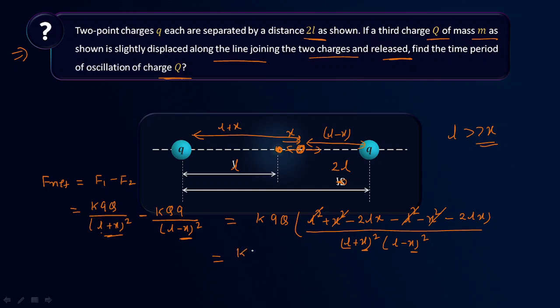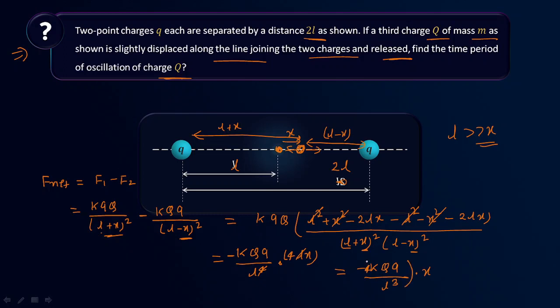So we have now KQ divided by L to the power 4, and minus sign is there, so minus 4Lx. One L we can cancel. So we have minus of 4KQQ divided by L cube into x. Right?